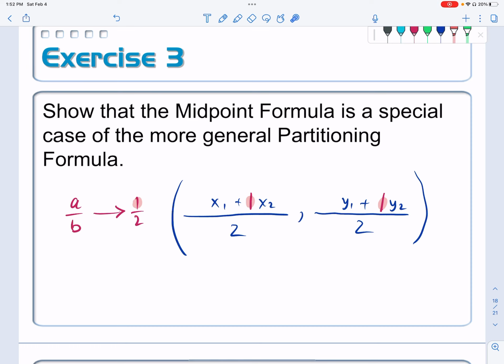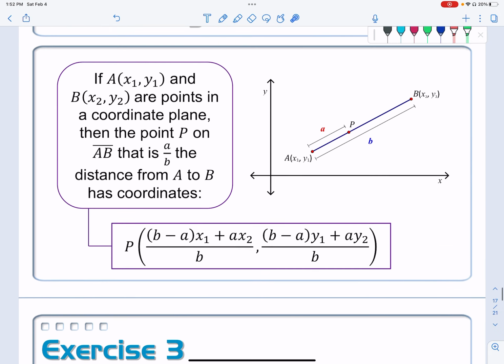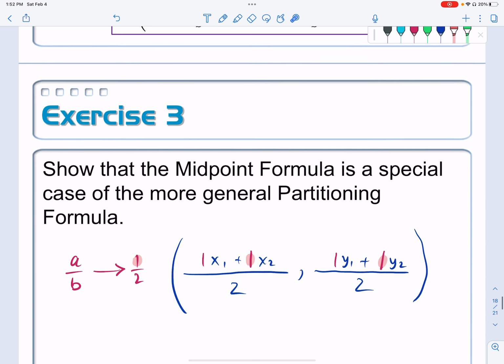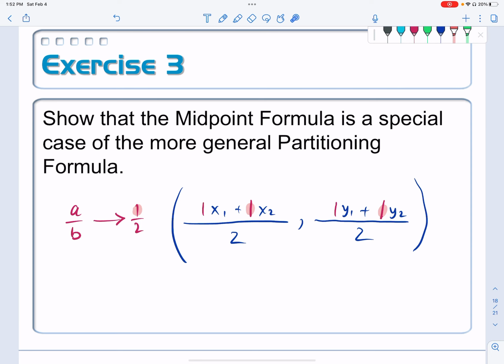It's the weight that's going to go on these other ones, x1 and y1. Does this formula look familiar? It should. It's just the same thing as the midpoint formula. We just usually don't write the ones here. So what I'm saying here is that this partitioning formula is super powerful because it contains every single fraction that you care to use, including the midpoint formula as well.